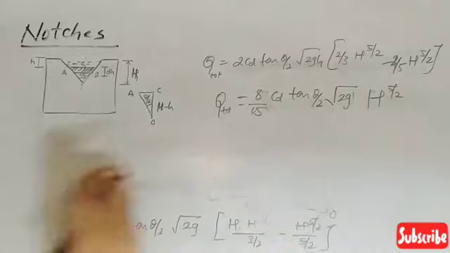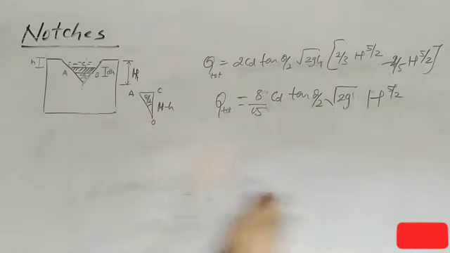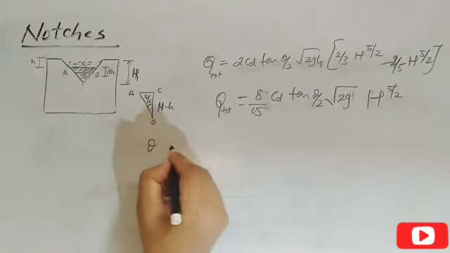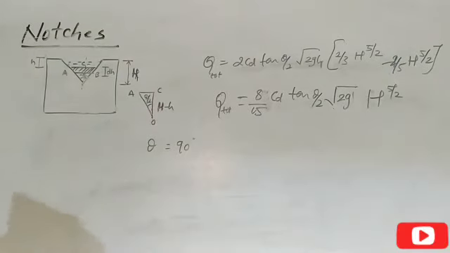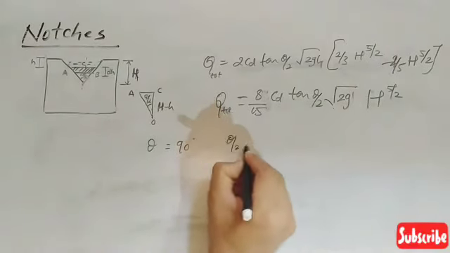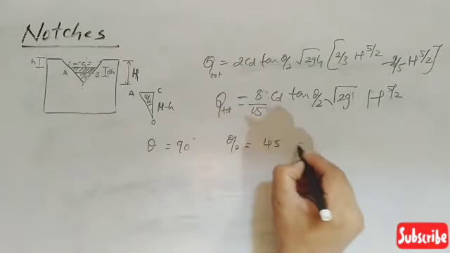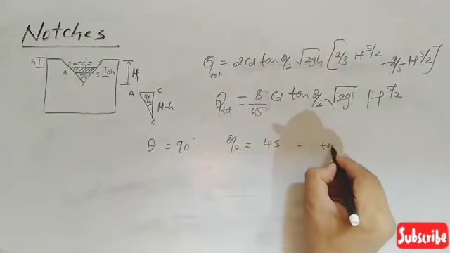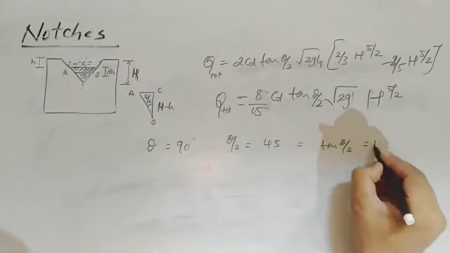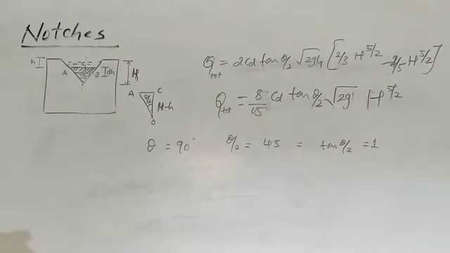Now this is for any angle. Now if theta is 90 degrees, then theta by 2 will be 45, and tan 45 will be 1.